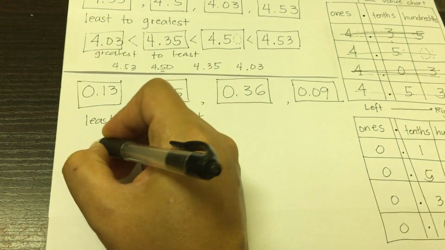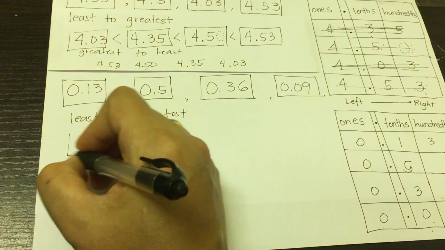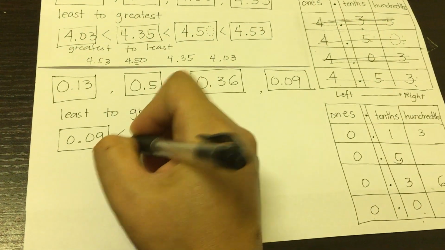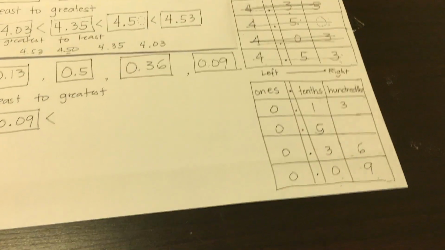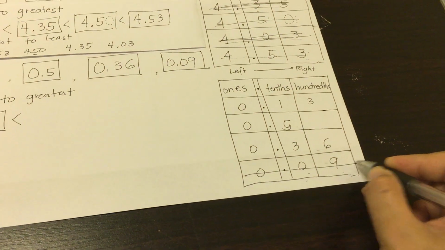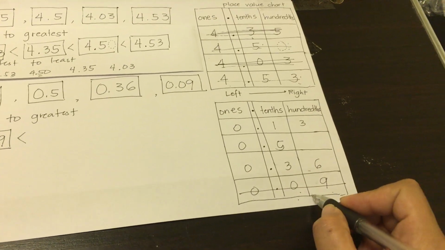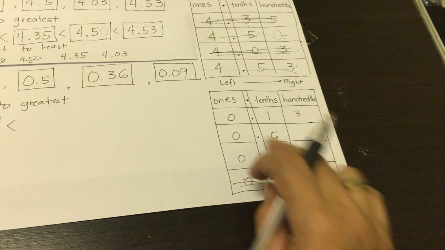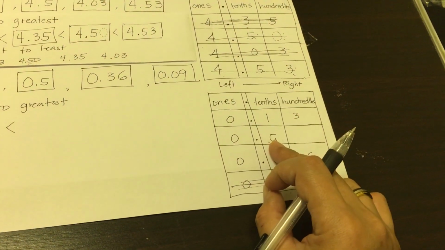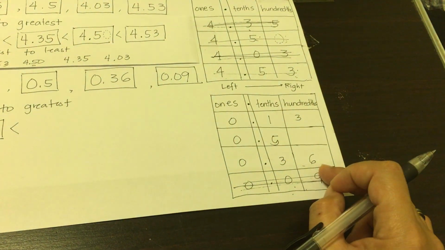So 0 and 9 hundredths is the least, the smallest number in this set of numbers. Then we slash again 0 and 9 hundredths. So we are not going to use this anymore. So we have only 13 hundredths, 5 tenths, and 36 hundredths.